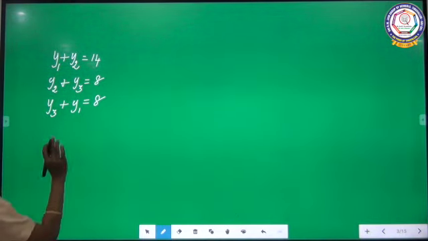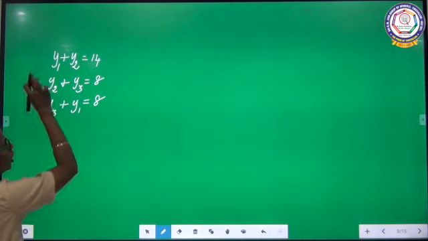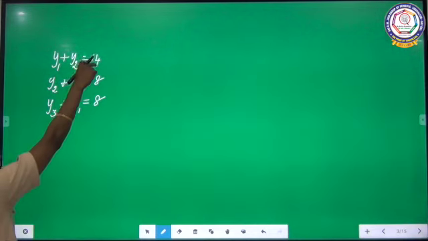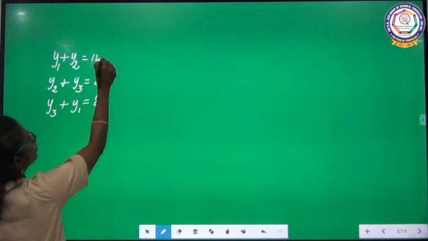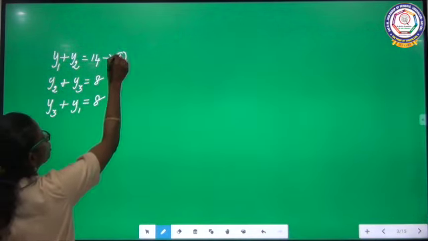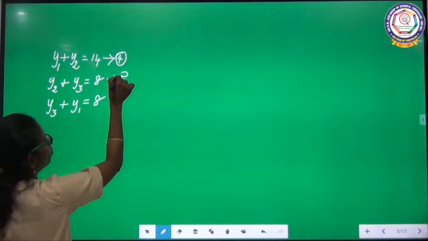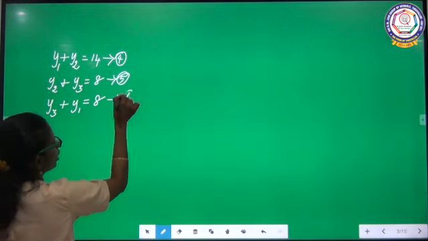First equation, let it be as such. The second equation you have to take. This we consider as fourth equation. This is fifth equation, sixth equation. Fourth, 5, 6. Okay, right.